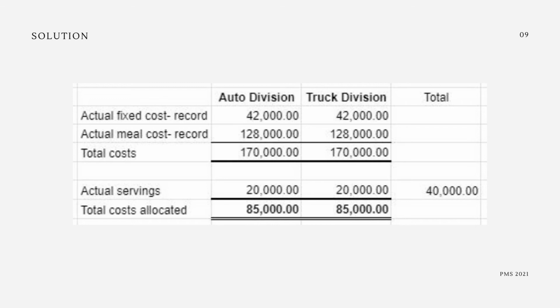After adding the two, we get $170,000 total costs for both auto and truck division. Next, we take the actual servings of 20,000 for both divisions, totaling 40,000. We get the total costs allocated of $85,000 for each division by dividing the total cost by the total actual servings and then multiplying it by the division's actual servings.